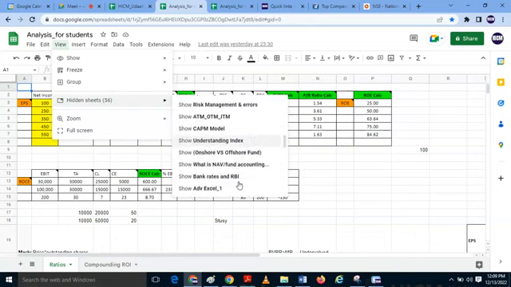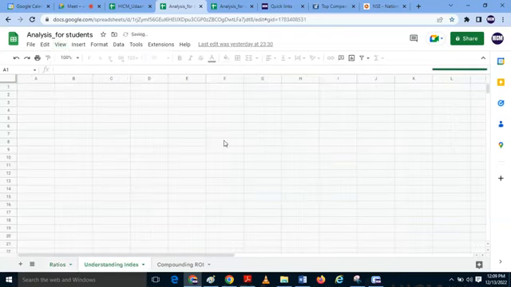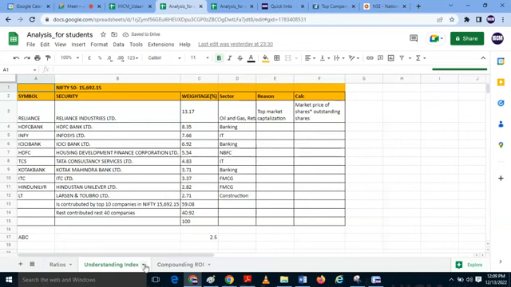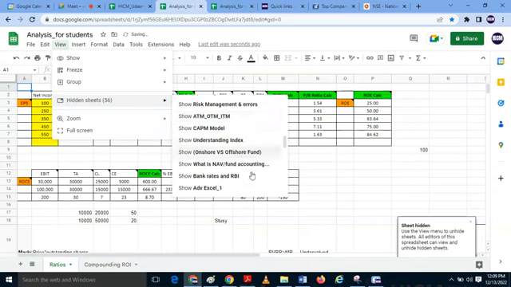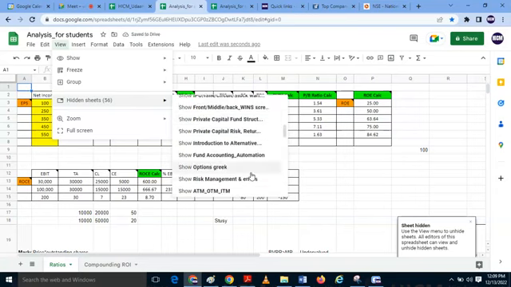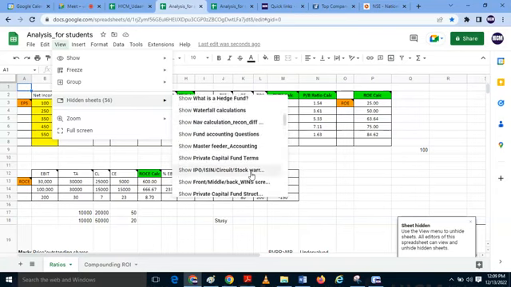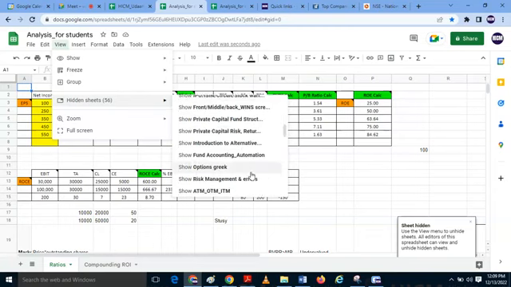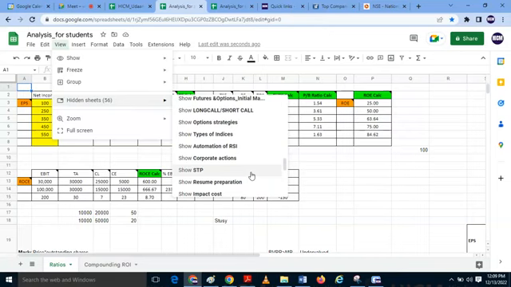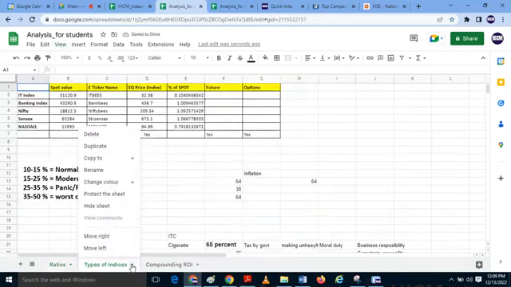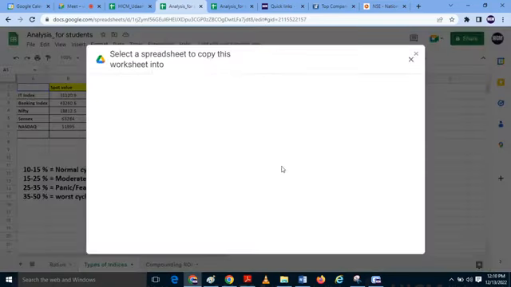Understanding index. Types of indices. This I am moving to your sheet.